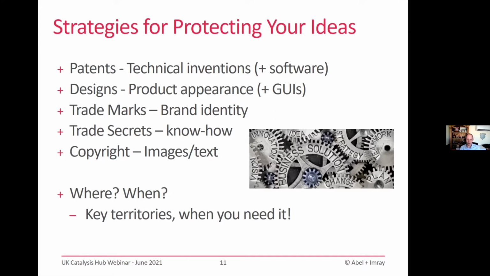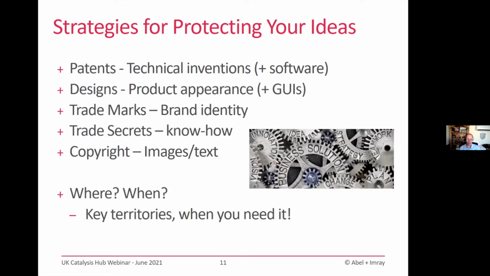That's kind of the opposite of the patent system, really, which is intended to get information out there in the public domain in exchange for protection, but secrets have to stay secret forever. And then finally, we have copyright. Copyright is protection for images and text, and the clue's in the name, really. It provides protection against copying. So if someone actually copies it, then you might have some protection there.